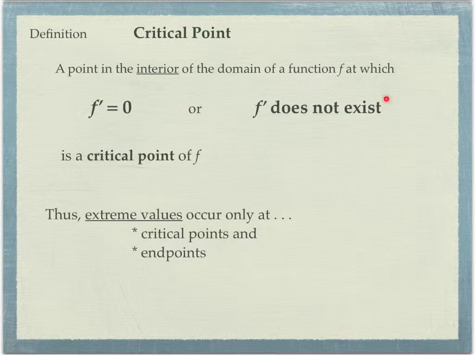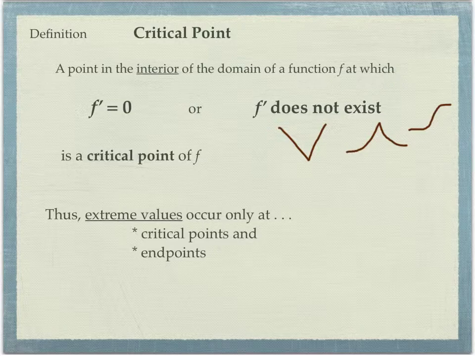So if we have those two criteria, it's called a critical point. So of course, when we have the derivative equal to 0, that's where you have your maximums, your minimums. Where the derivative does not exist, remember those are places like corners and cusps, things like that, vertical tangents. Those are places where the derivative does not exist, if you remember from last chapter.